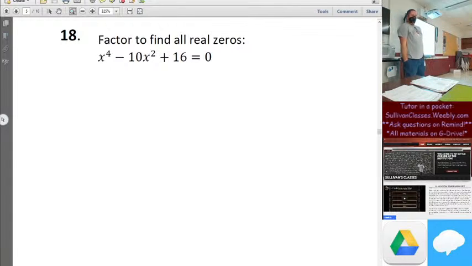Factoring when it's in quadratic form. So it looks like a quadratic, it talks like a quadratic, but it turns out it's not a quadratic.